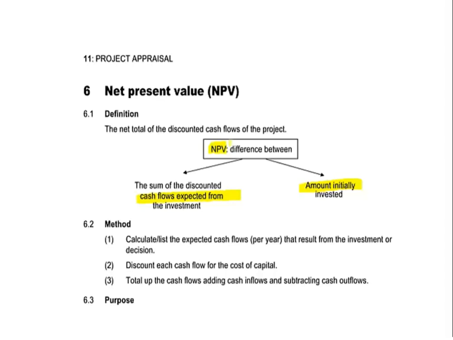So what we need to do then is to work out all of the expected inflows and outflows, discount them, and then add up the total of the inflows and take away the outflows.